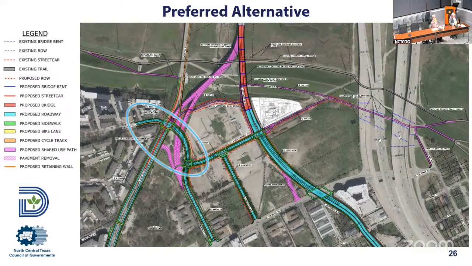You have a new connection that minimizes First Street's connection to Greenbrier with an offset intersection, making that connection via Marsalis. We think that is a great way, and the computer simulation support that that's a way to minimize the impact of traffic on Greenbrier.